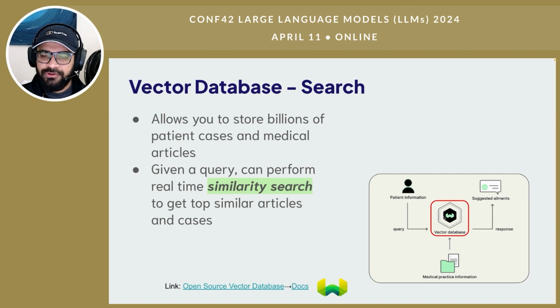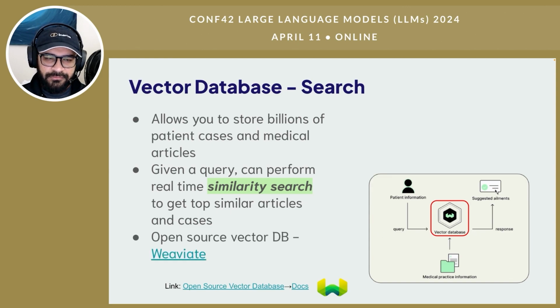I want you to retrieve for me the top 5 most relevant previous patients from the 170,000 data set that we talked about, and potentially 5 medical literature articles that are related to this patient's case. So the vector database is now going to perform this similarity search for you, and it's going to give you the retrieved articles over here.